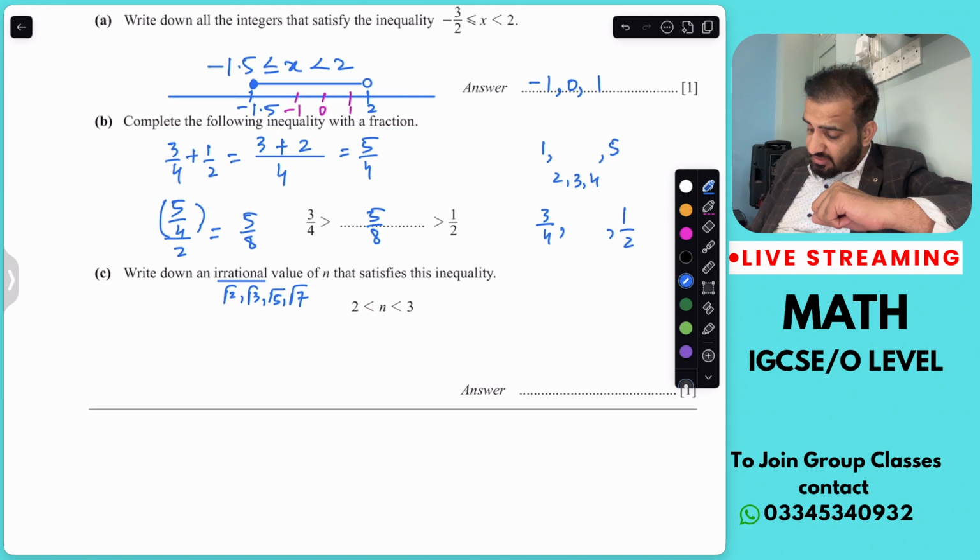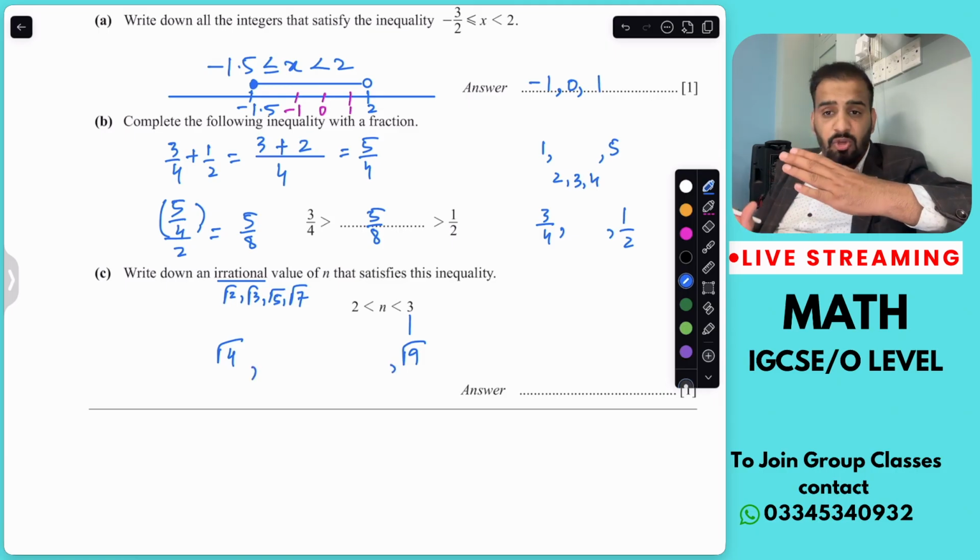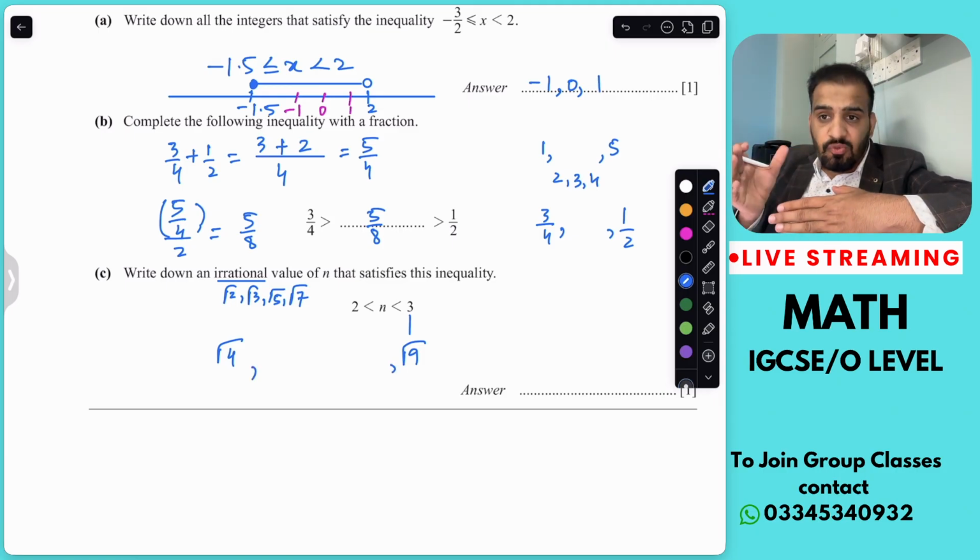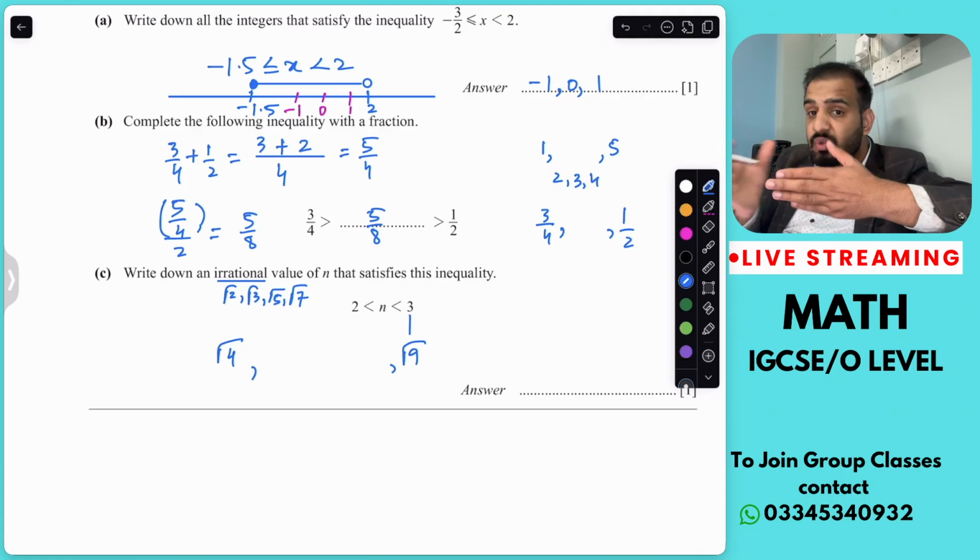देयर इज अनदर ट्रिक. How we can write this 2? We can write this 2 as square root 4. And how we can write this 3? We can write this as square root 9. So there are a lot of irrational numbers between root 4 and root 9, which is actually 2 and 3.